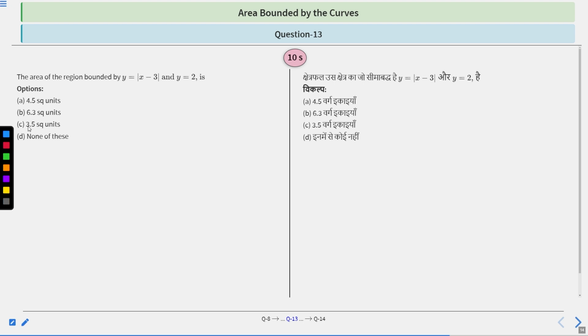So try to draw the curve and see from which point to which point we have to find the area. You can easily find the area by using geometrical area. So in this way, you try to approach this question. You have 10 seconds to solve this question. After 10 seconds, we will discuss the solution.